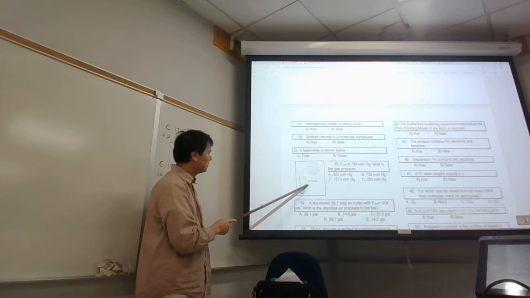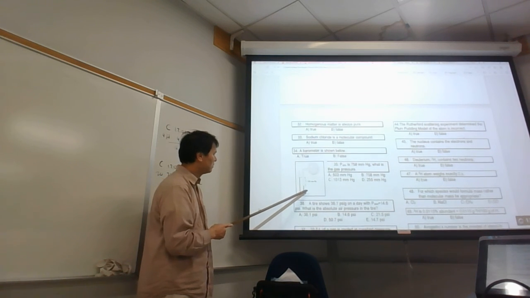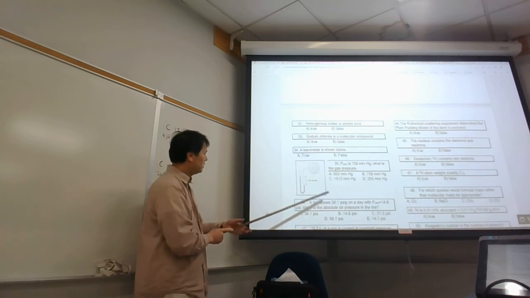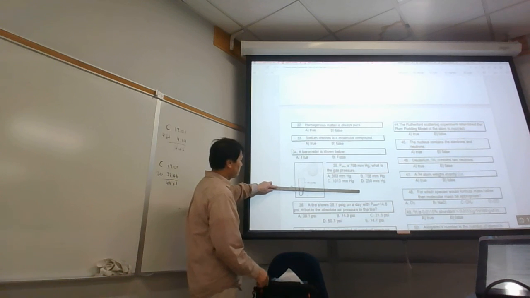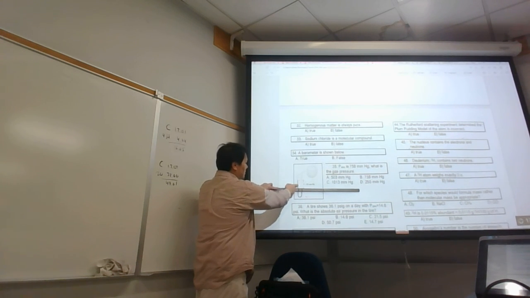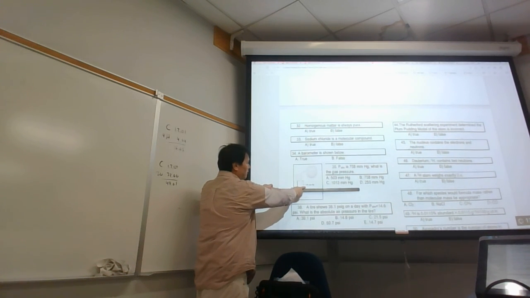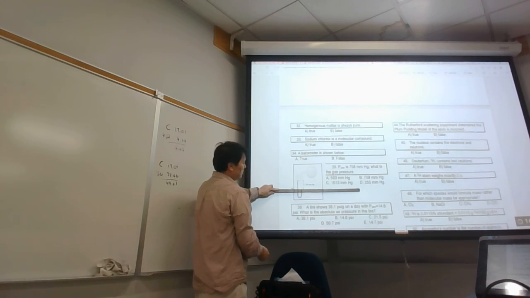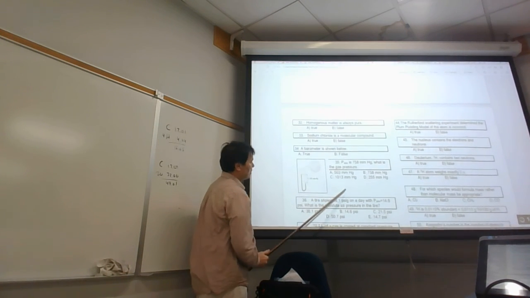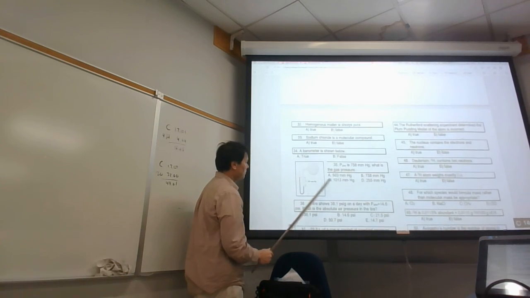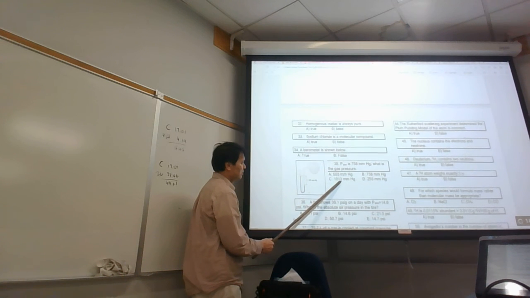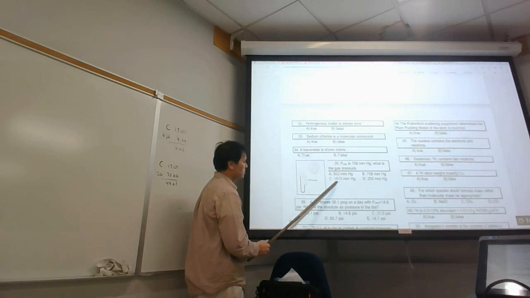The gas inside here. So we just set these equal. We have atmosphere plus the liquid, which is 255. So 758 plus 255 will equal the right side. That will be 1013. So C is correct.